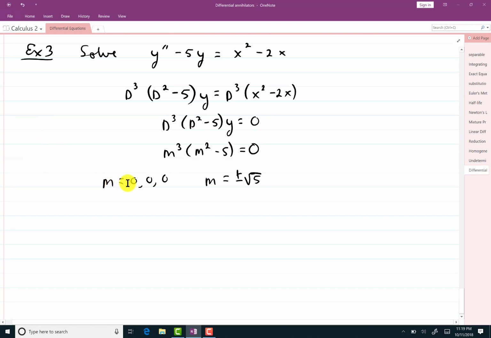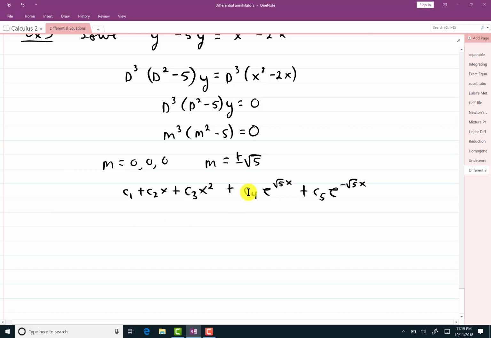So for the 0 parts, when you construct your solution, you get c1 plus c2 x plus c3 x squared, but then this part will give you 2 more, c4 e to the radical 5x plus c5 e to the negative radical 5x.